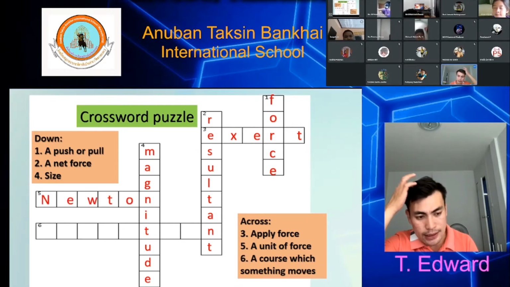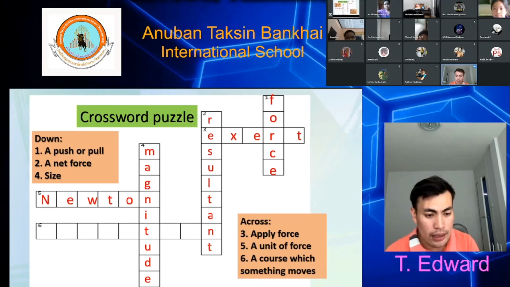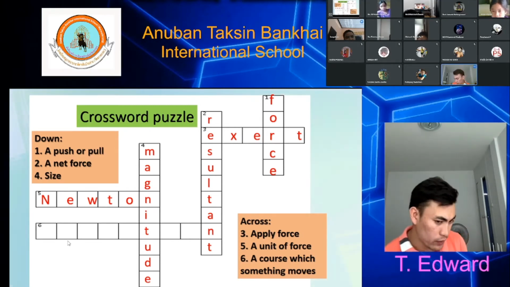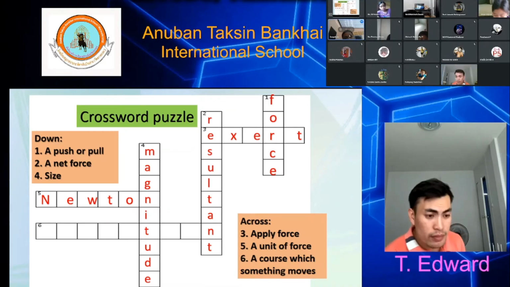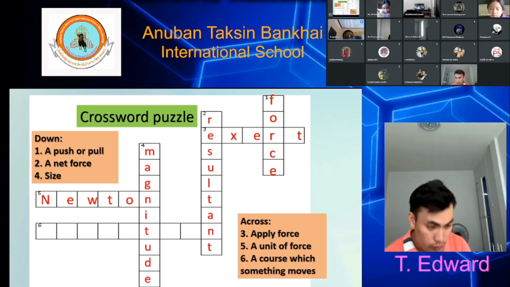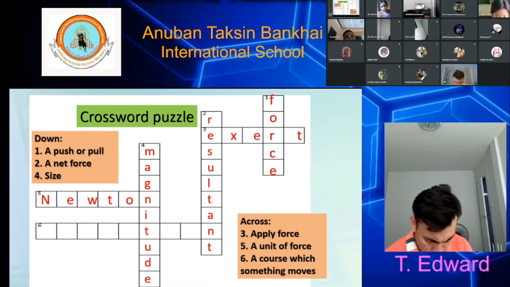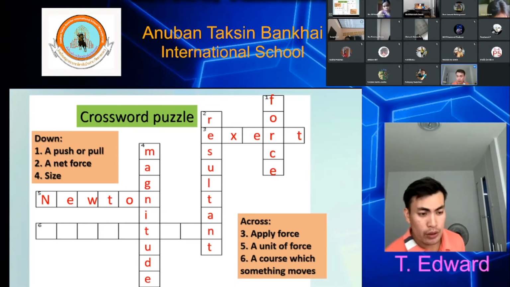Number 6. It has a letter T and letter N at the end. What is this word? Can you say again? Direction. Supacorn. Okay, Supacorn got 5 points. Good job.